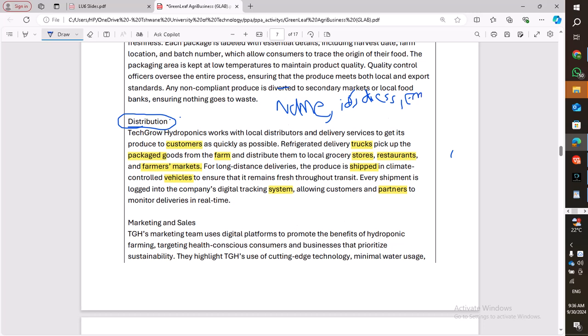So another thing we need is the truck. In the truck we're looking for something like the type of the truck. What truck we will use, the type of the truck, and also we need the truck ID.